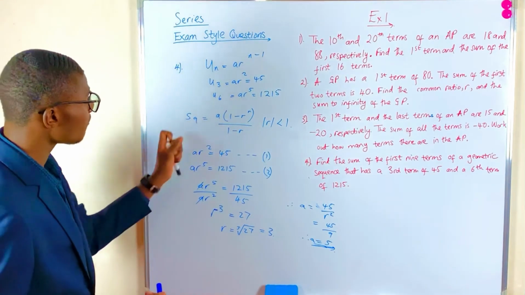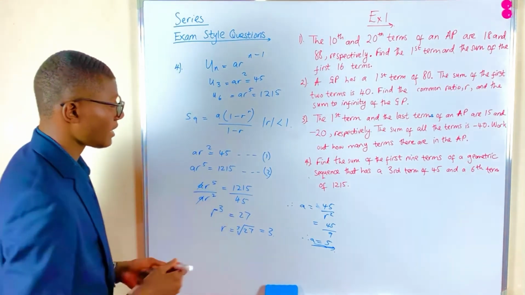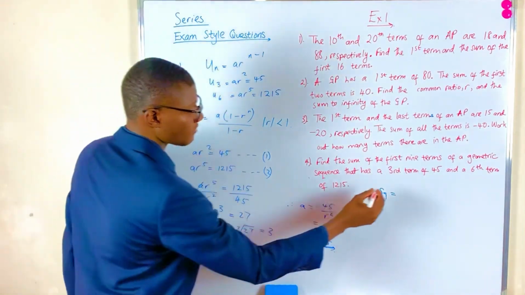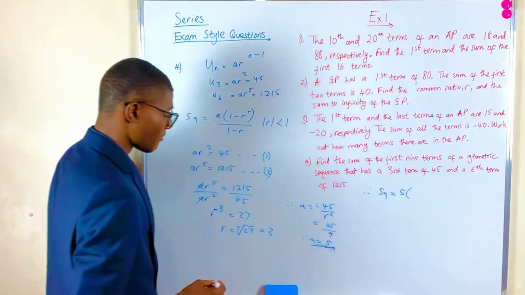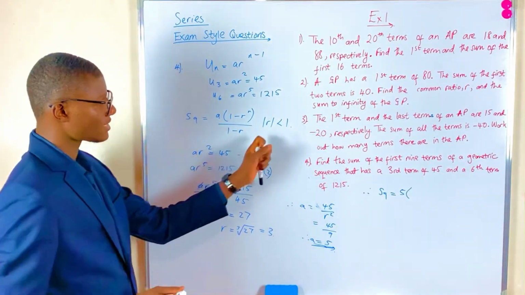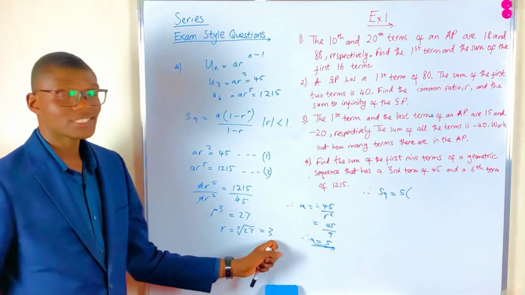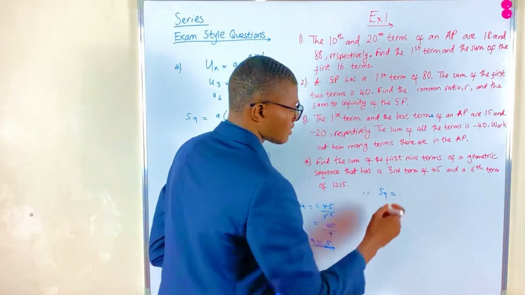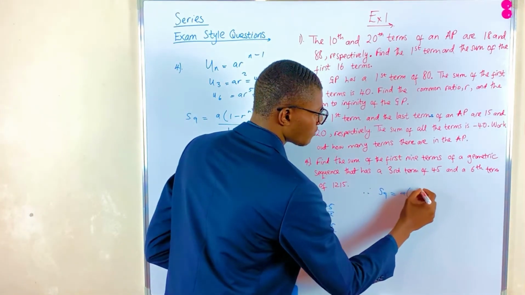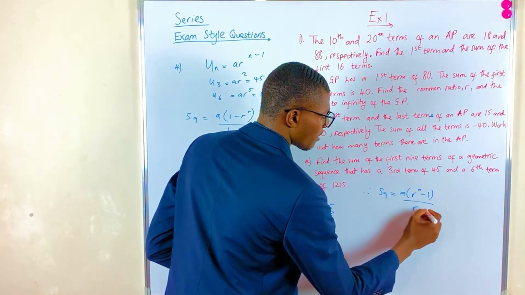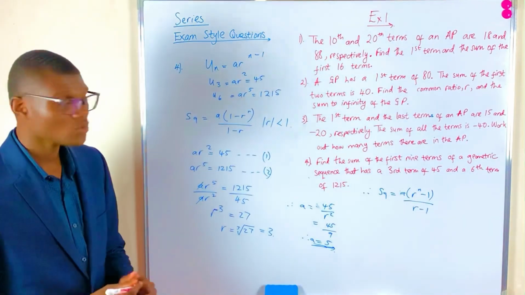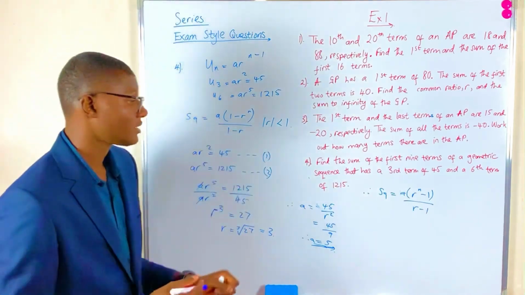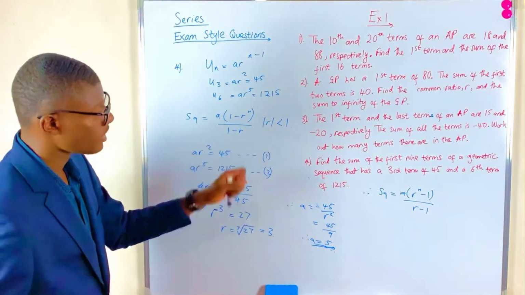So now the sum of the first 9 terms, S9, shall be A, which is 5, multiplied by, in this case, since R is greater than 1, we shall use A multiplied by R to the power of n minus 1 over R minus 1. Why? Because in this case, R is greater than 1, and we definitely want to avoid getting a negative.